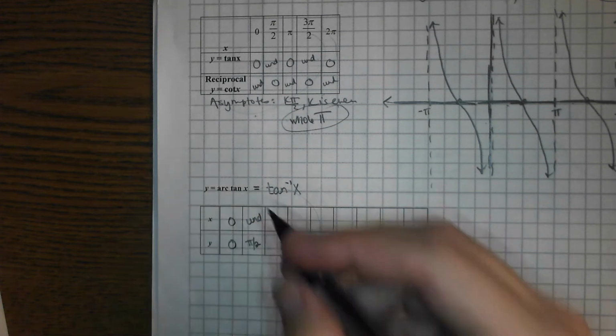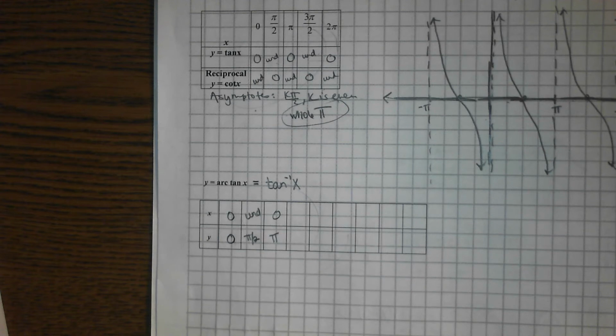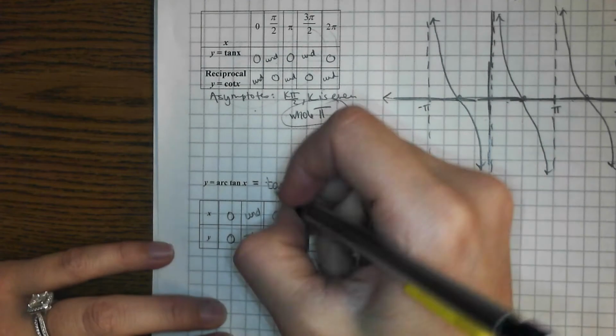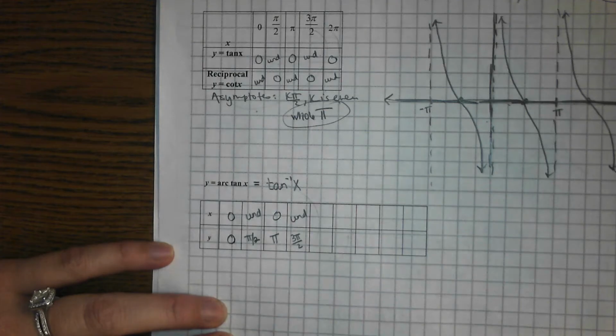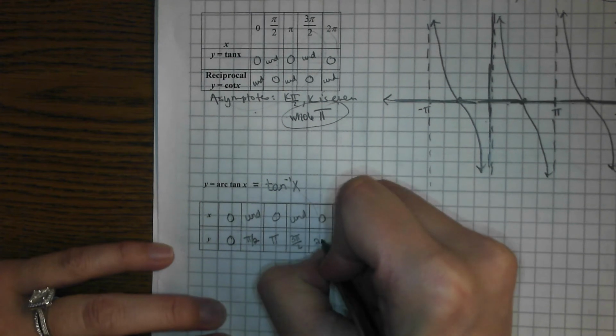For pi, 0, you're going to flip it. It's going to be 0, pi. For 3 pi over 2, undefined, you're going to do undefined, 3 pi over 2, and then lastly 0, 2 pi. Inverse is just flip the x's and the y's.